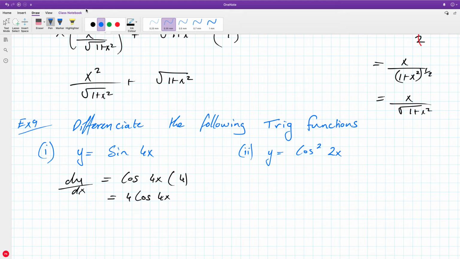Do we know another way this can be written? Cos squared of 2x is the cos of 2x, all squared. Same thing. That's a rule of trig. Have a go at differentiating it, so.